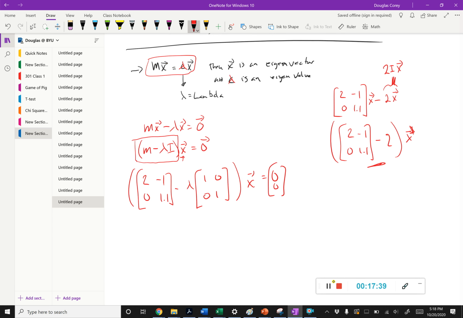So I can multiply in by lambda, so minus lambda 0 0 lambda, and here 2 minus 1 0 1.1, and now I can do the subtraction.